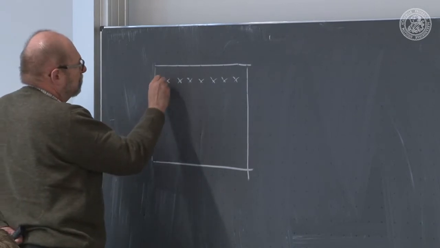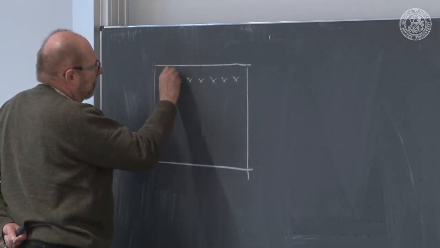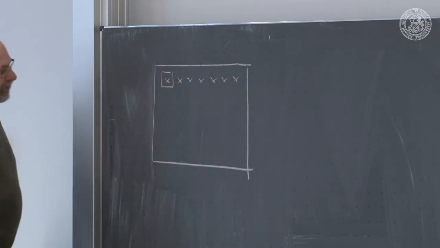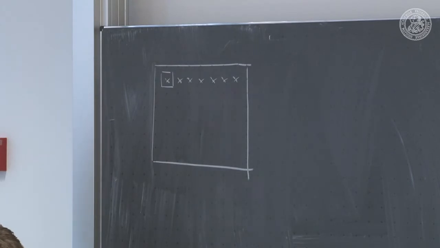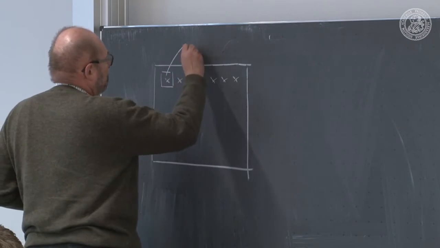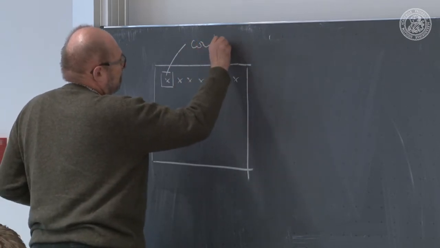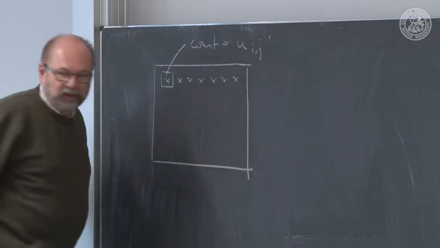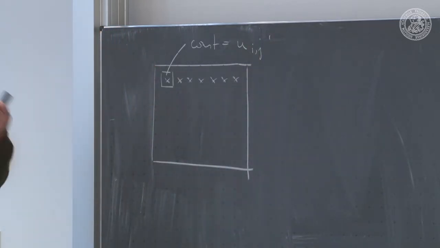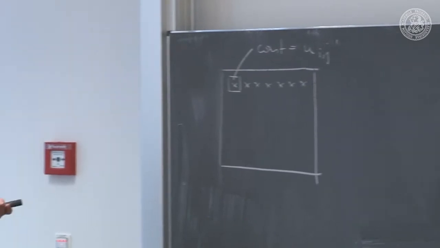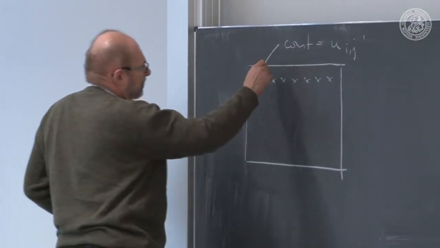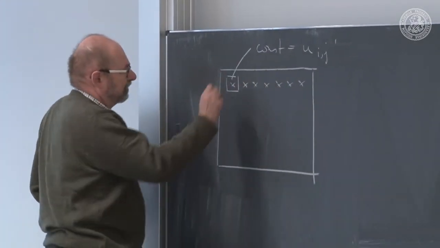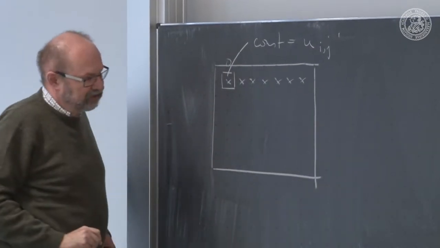And what I now do is make a small box around here and define the function constant equal to u_ij in this box. This is a piecewise constant function that I define. It may be 0 outside, doesn't matter.